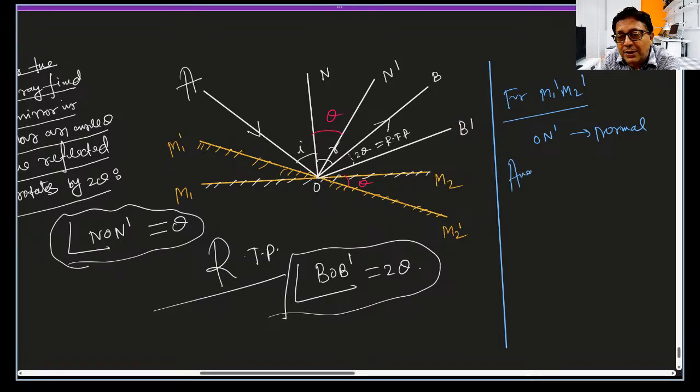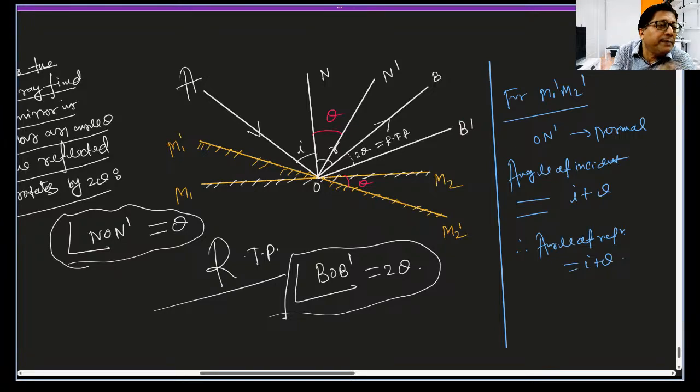So what is the angle of incidence? Because the normal rotates by an angle theta, it becomes I plus theta. Therefore, what is the angle of reflection? It must be I plus theta, because the law of reflection is valid everywhere, for plane mirror, curved mirror, wherever you take. So the angle of reflection is also I plus theta.